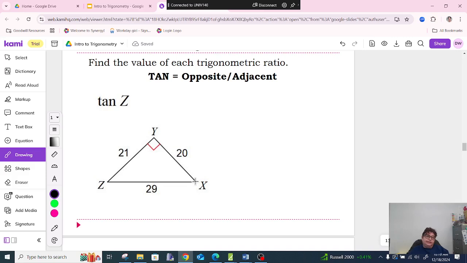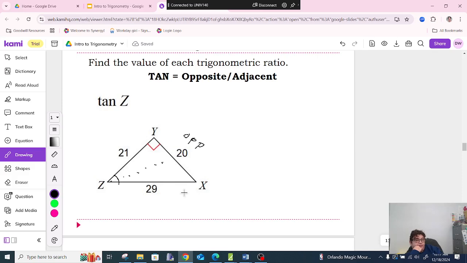Okay, so this next one. D, they changed it up on us. Give the triangle your pencil or your finger. Actually put it right on Z. Because it changes if I accidentally put my finger on X, right? So here's Z. Where's opposite? 20.